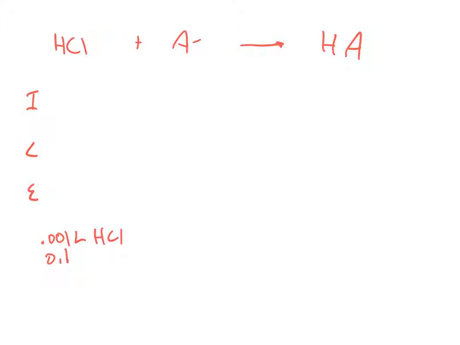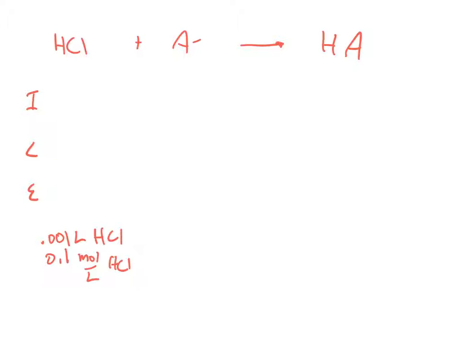Remember, a molar is really in units of moles per liter, right? Once again, that's HCl. So we need to figure out how many moles that is of HCl for our initial.